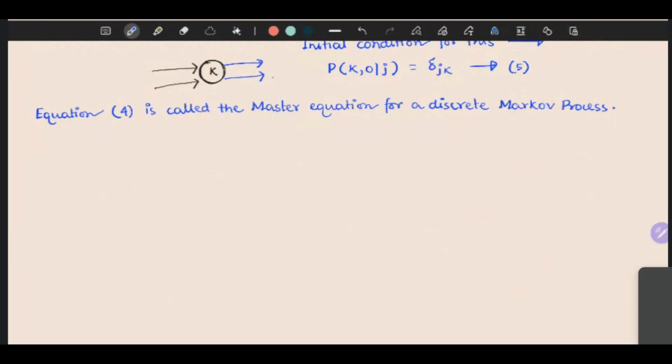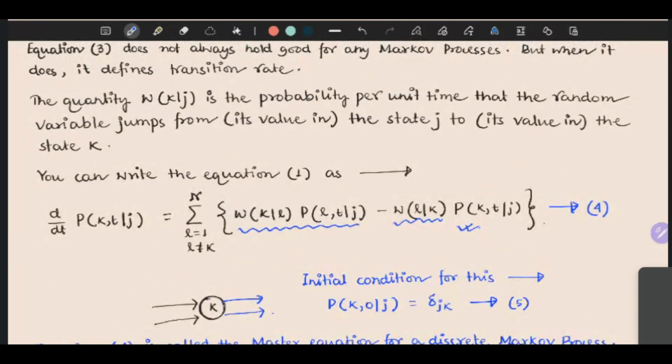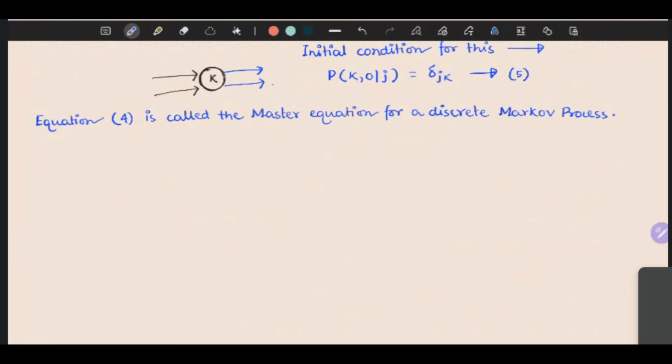You can say this is a sort of rate equation that we are familiar with from nuclear physics or any kind of decay, from class 12.